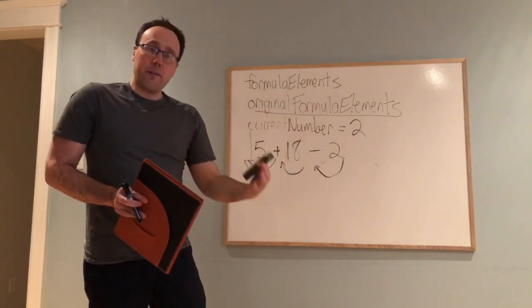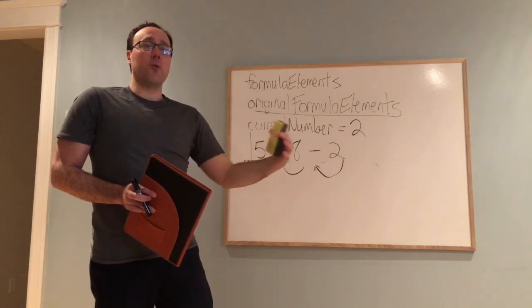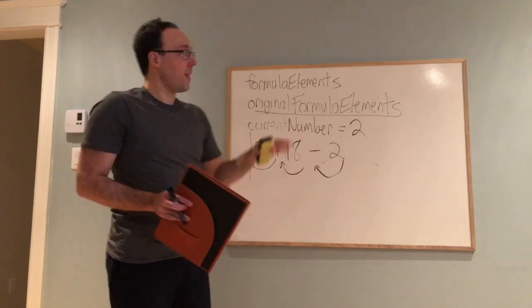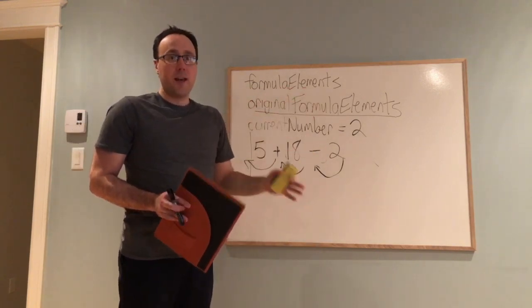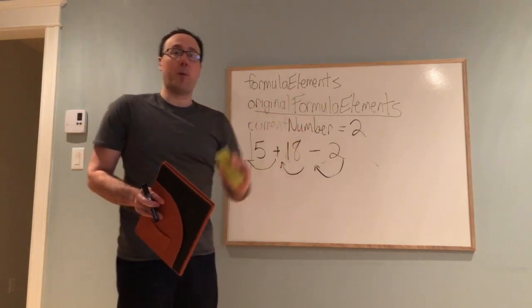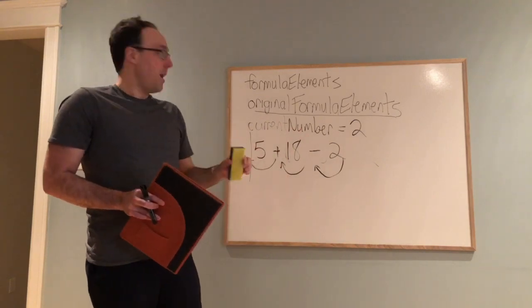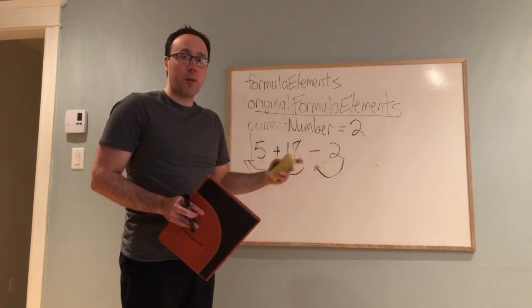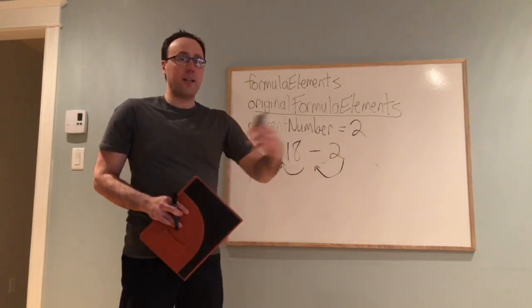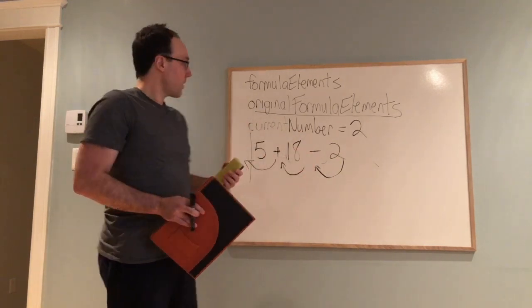As they go, if they enter a multiplication or division, we solve it on the spot, and we keep the updated results in formula elements. This way, when the person hits the equals button, all we have to do is pass in an array that has plus and minus operations, and a function can quickly determine the result.